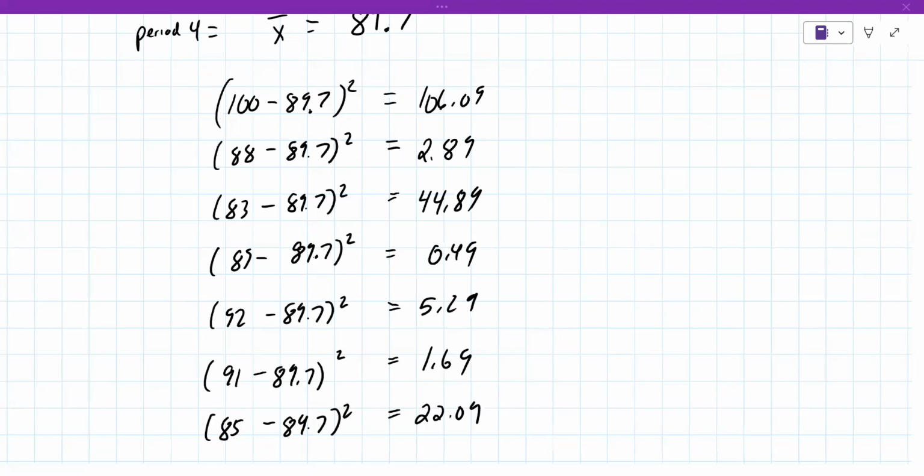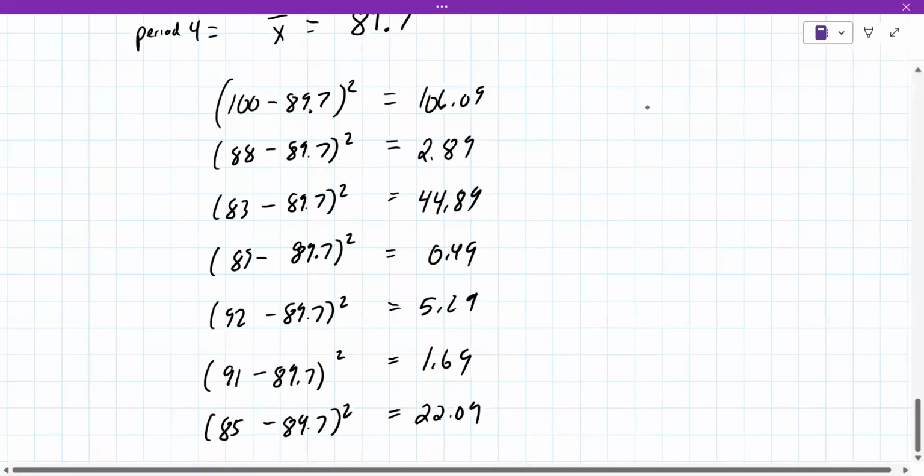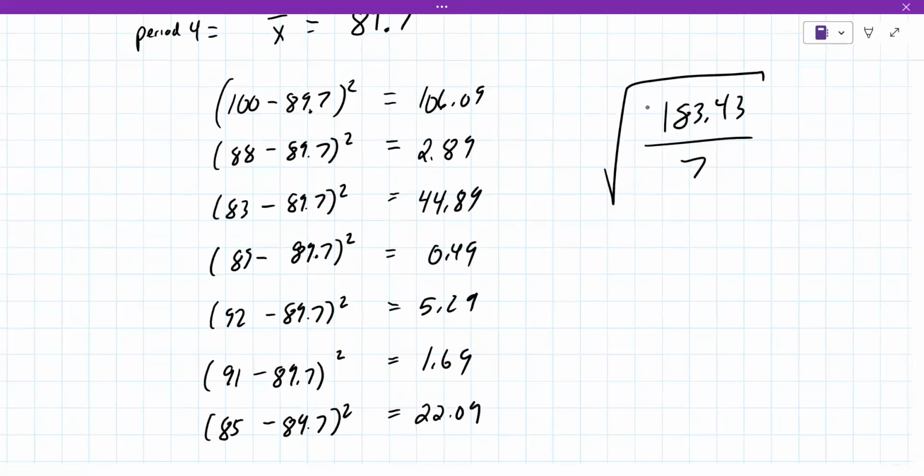Okay, so then those numbers, you add them all up, divide by 7, and take a square root again.